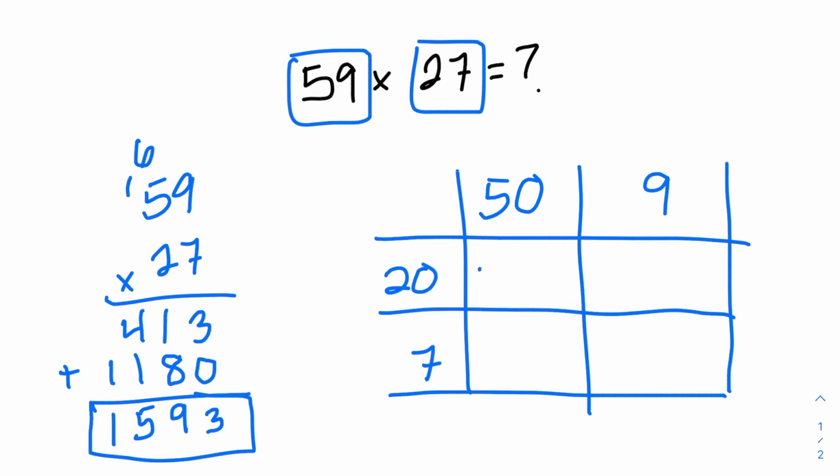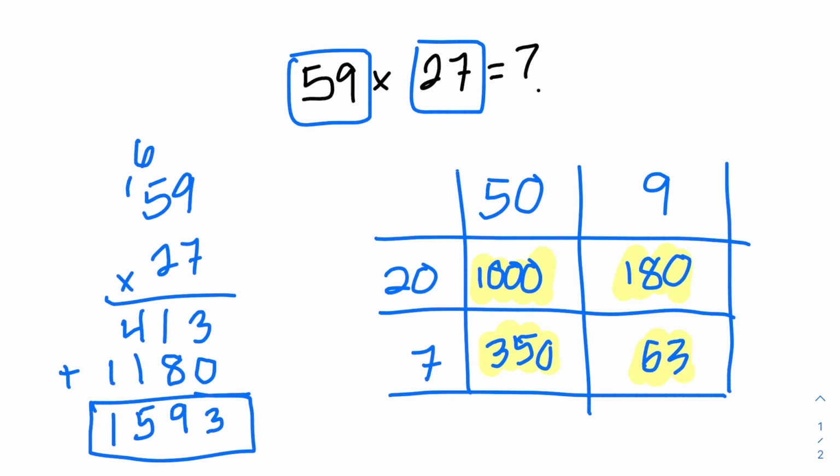So 50 times 20 would be 1,000. 50 times 7 would be 350. 9 times 20 is 180. 9 times 7 is 63. And we would add up all of our boxes. And when we do that, our answer is going to come out to be 1,593.